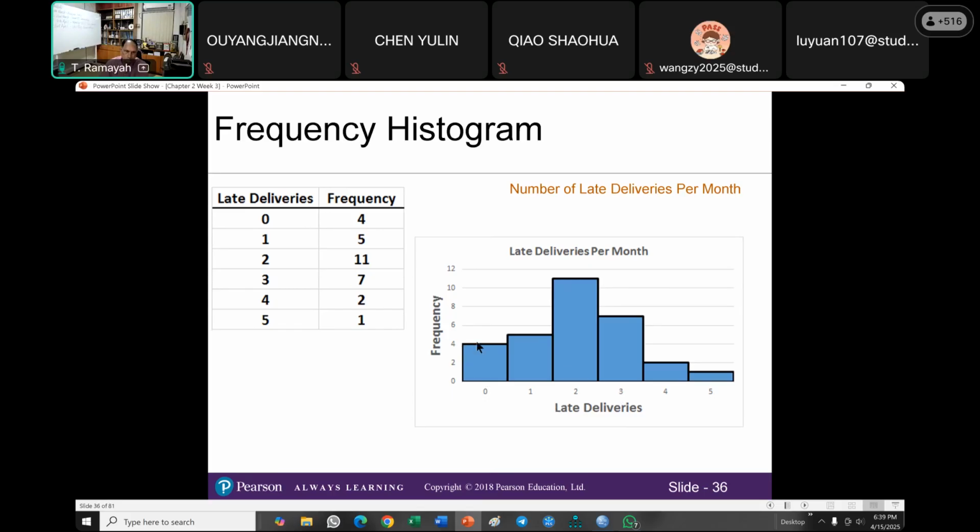This is the frequency, and this is the bar. The second bar is 5. The third bar is 11, then 7, 2, and 1. There's no gap between the bars. That is what we call the histogram. From the frequency, we plot them into this histogram.